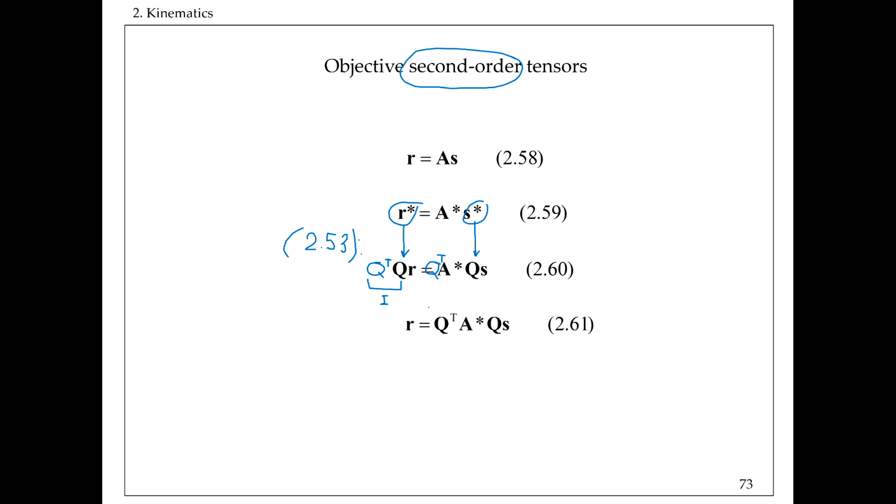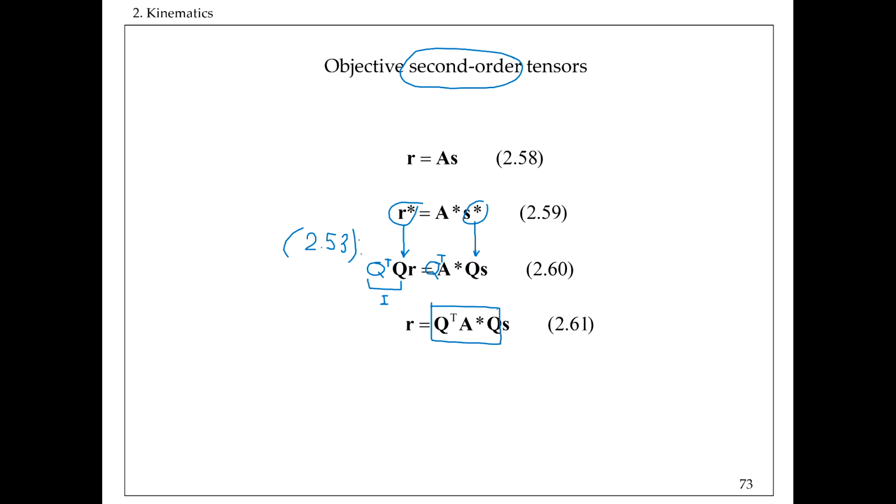And now we can identify this block here, the Q transpose A star Q. It is a multiplication of second order tensors, and that will also be second order, so this is still a second order tensor.